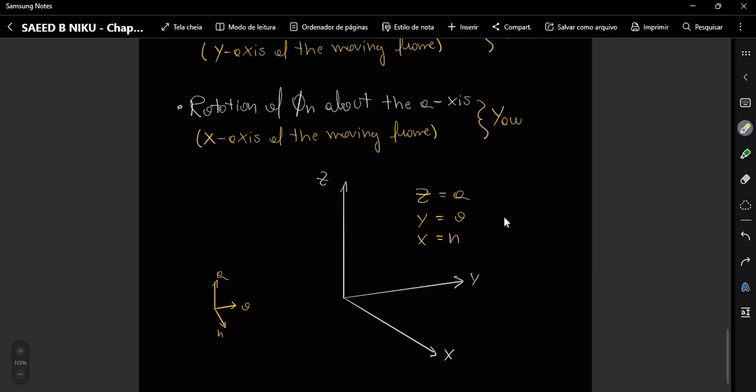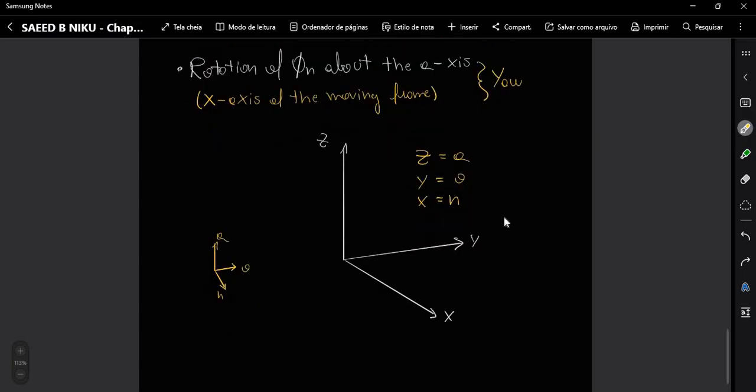Right here, we have to see in which direction the A axis of the frame, which can be a moving frame, is pointing. It's pointing in the same direction as Z, Y, and X, and we know that A points in the same direction as Z.